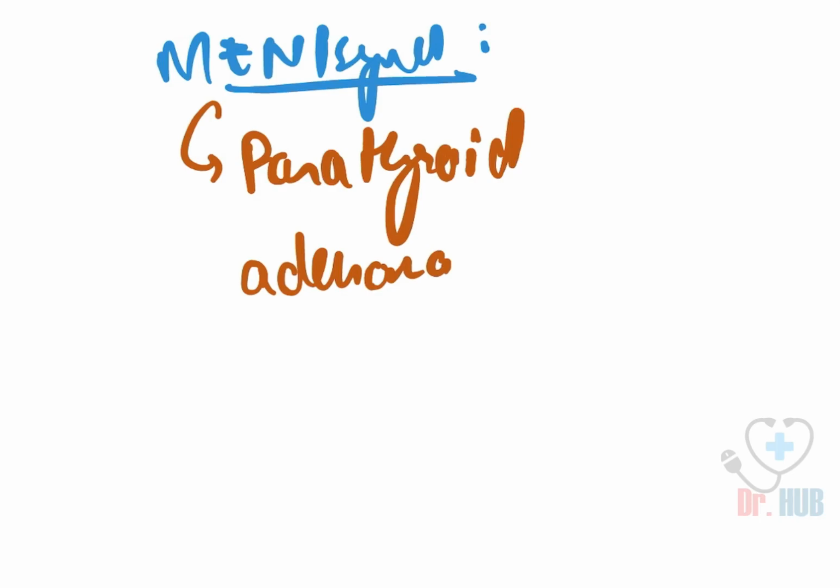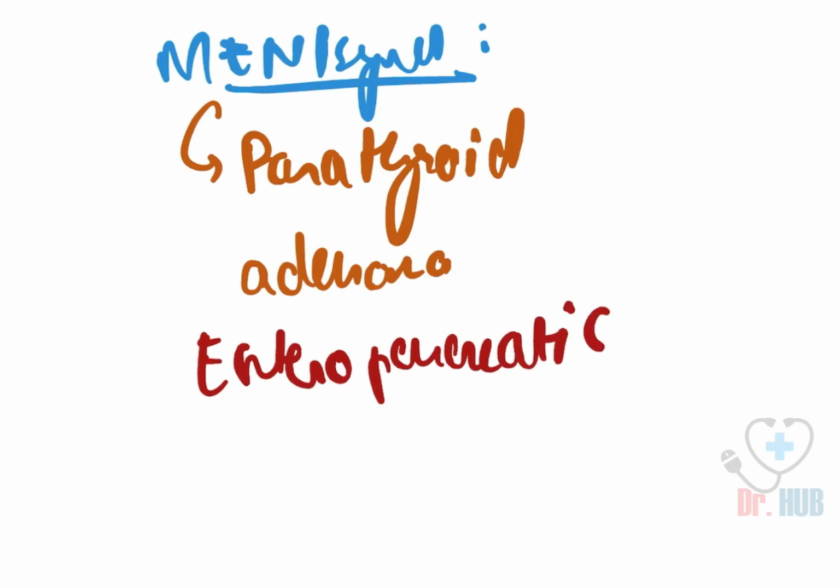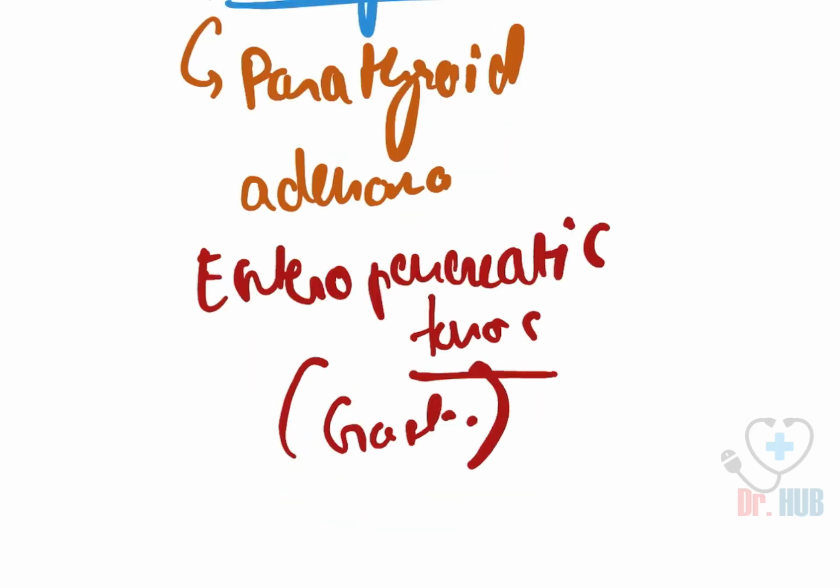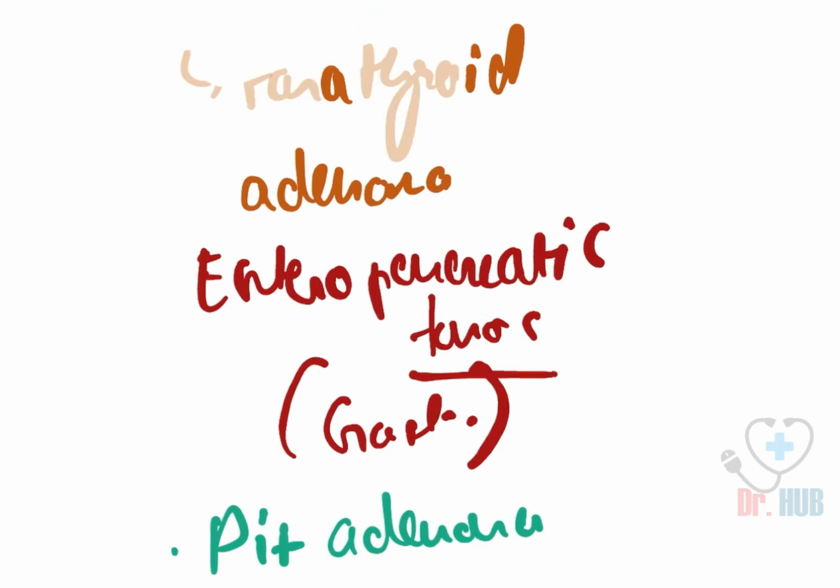Next, it also included the enteropancreatic tumors, where the most common we saw was the gastrinoma. Then there is also the pituitary adenoma.